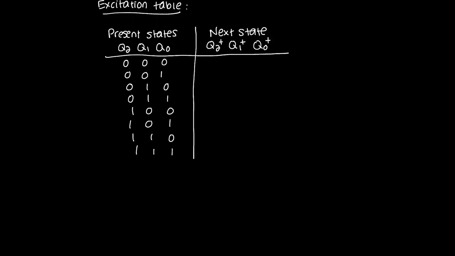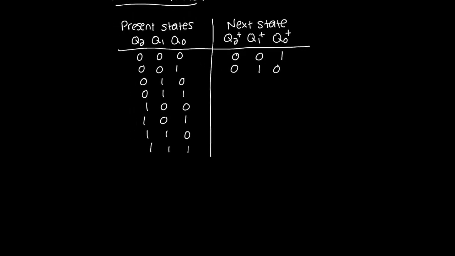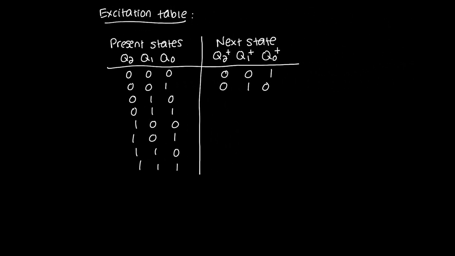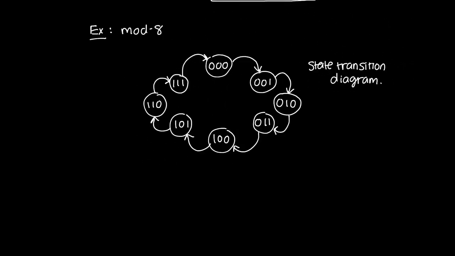So let's write that. My next state should be 1. And if my present state is 1, I want my next state to be 2. How do I know this? I can read it directly off the state transition diagram over here. It's actually pretty easy once I have the state transition diagram. If my present state is 1, my next state should be 2. And if my present state is 2, my next state should be 3.